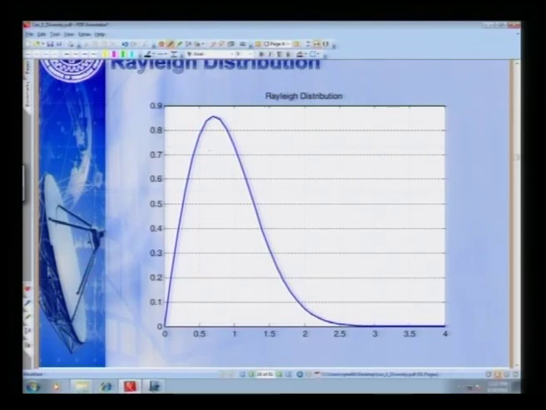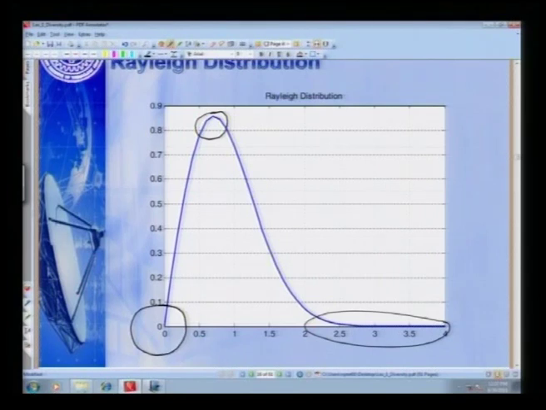The probability that the magnitude lies in this interval is simply the integral of the density function in this interval, which means if you look at this, there is very low probability that the coefficient takes very high values, also low probability that it takes very low values close to 0, and with very high probability it lies in a range somewhere in between.